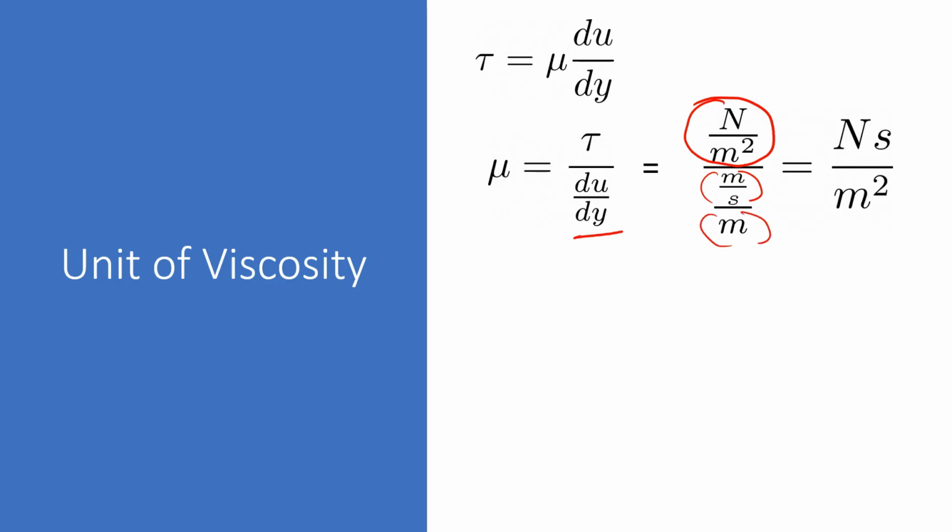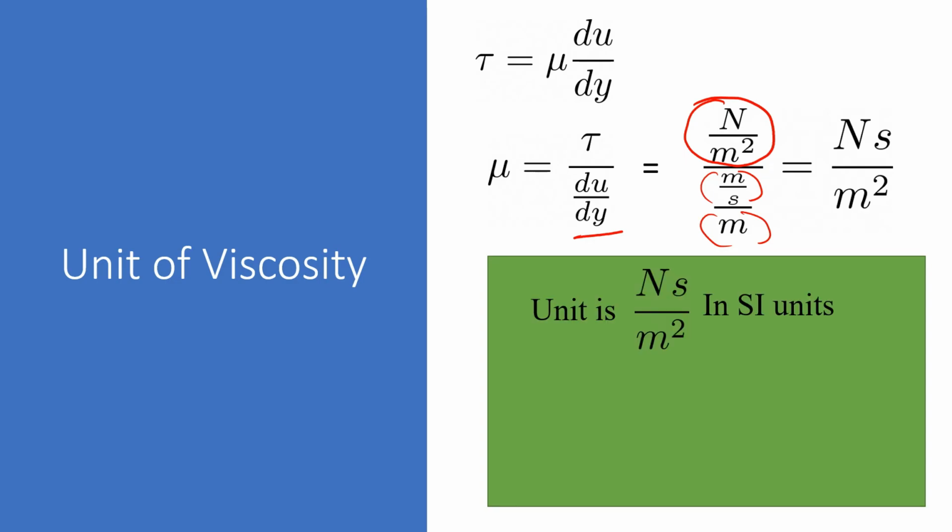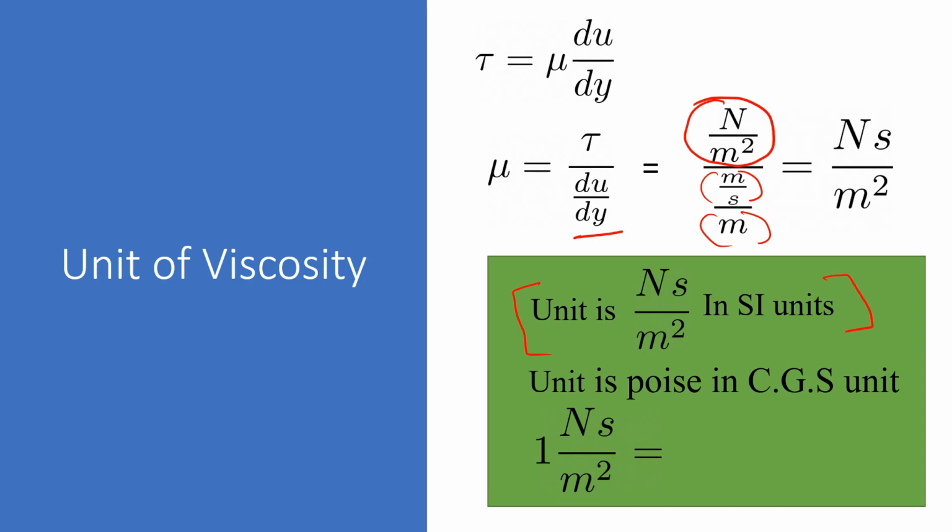So that is Newton second per meter square. The unit of viscosity in SI unit is Newton second per meter square. What is its unit in CGS unit? The unit is poise in CGS unit, and 1 Newton second per meter square is equal to 10 poise.